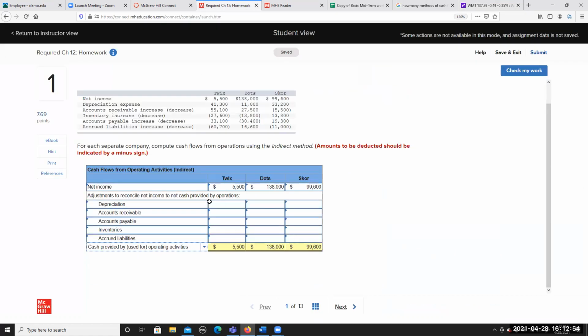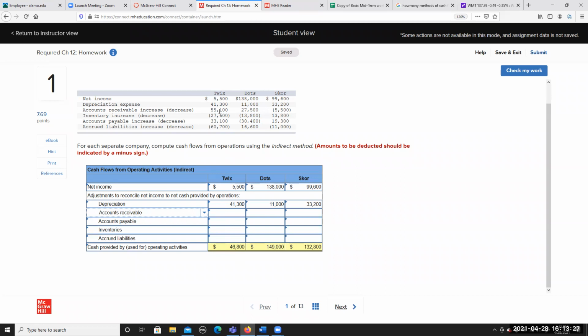So we're back here. So we add depreciation. Why do we add depreciation? Because it is a non-cash expense. Now, let's talk about the accounts receivable increase. If it went down, it's in parentheses. So what they're saying is accounts receivable went up those 2 years and down. Now, if assets go up, cash went down.